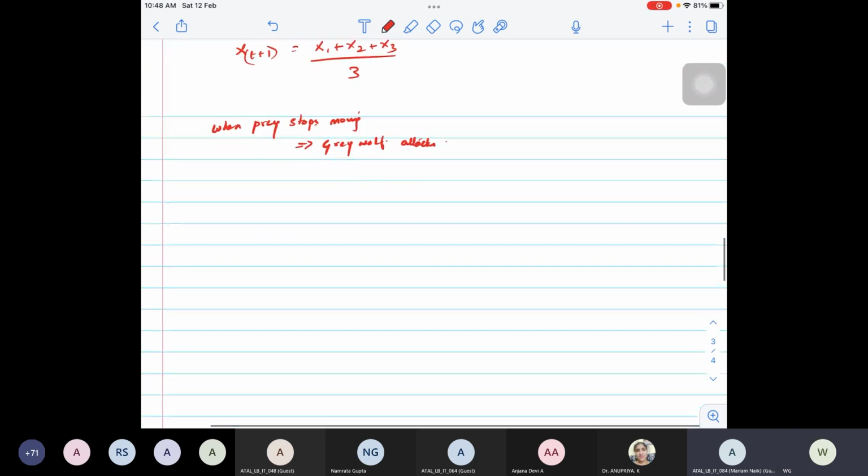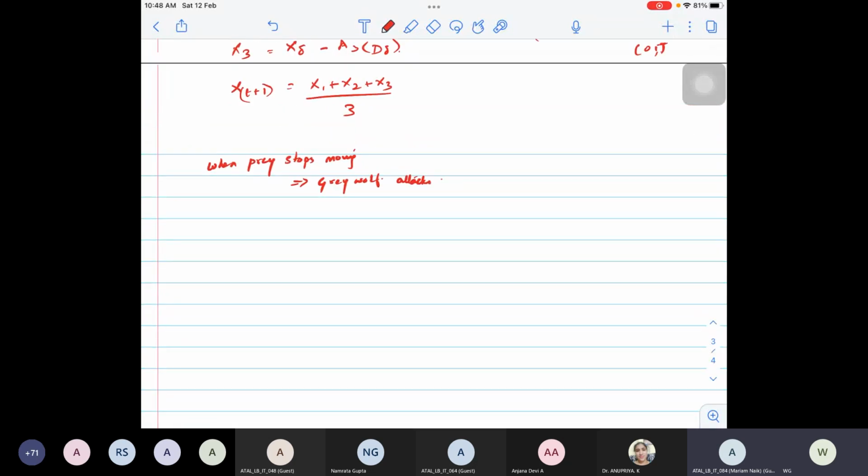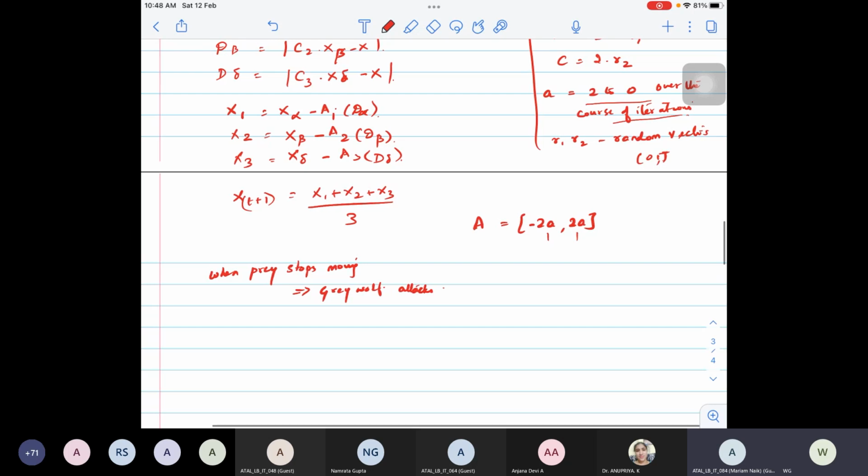So basically we see the vector A, which is a random value in the interval minus 2a to 2a. We know that a decreases from 2 to 0 over the course of the iterations, so capital A is a random value between minus 2a and 2a.